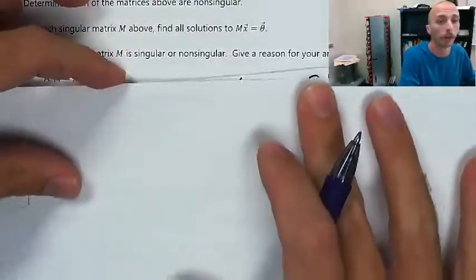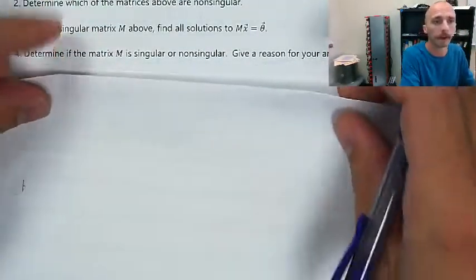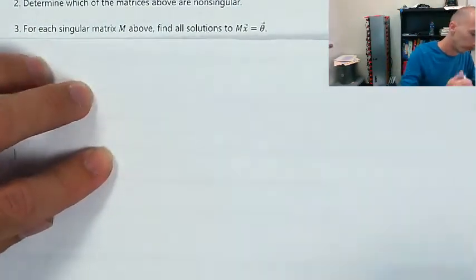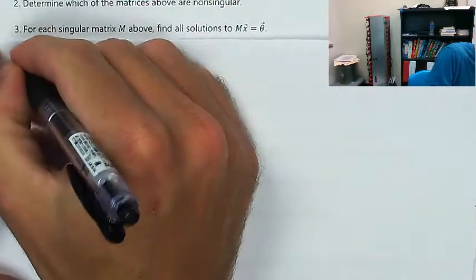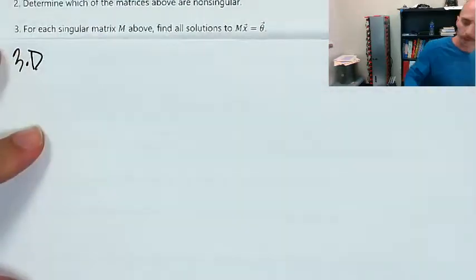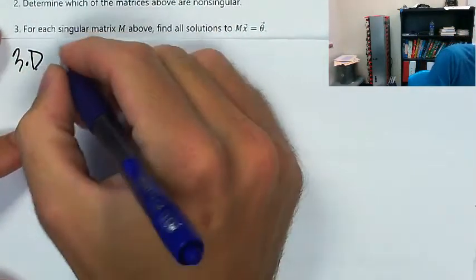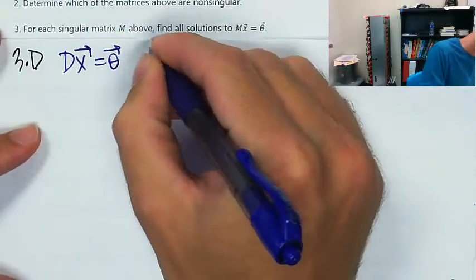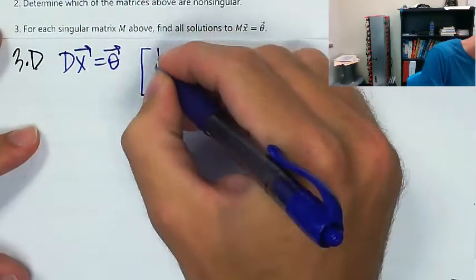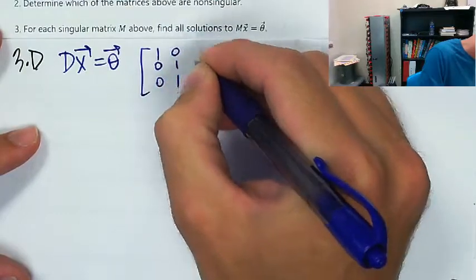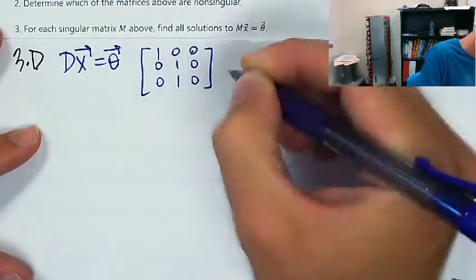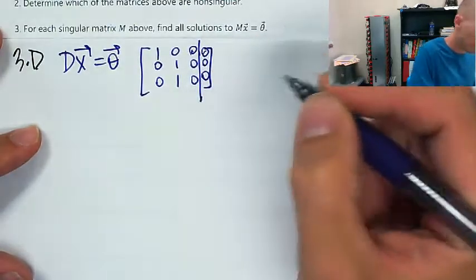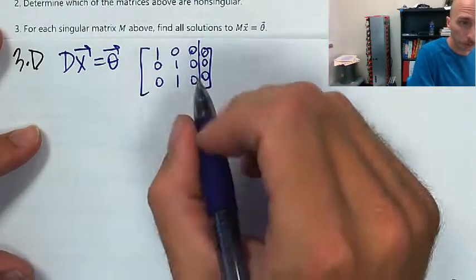Okay, this one I did not row reduce all the way. So we're going to need to find all of the solutions to Mx equals 0. I'm supposed to be working these in blue, so that's Dx equals 0. So I'm going to take D and augment it with the 0 vector and row reduce.